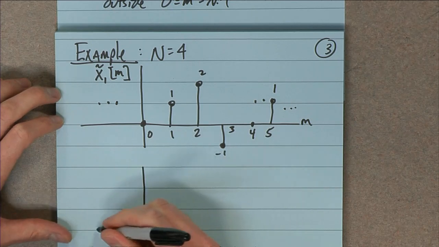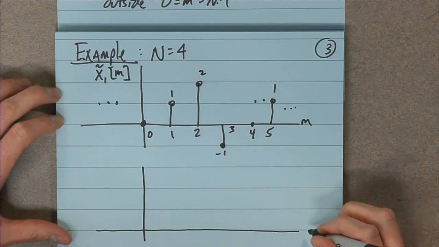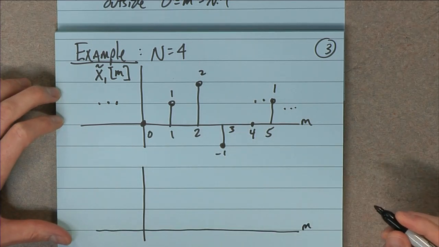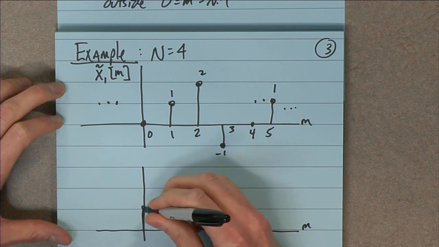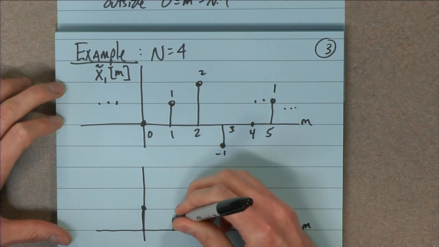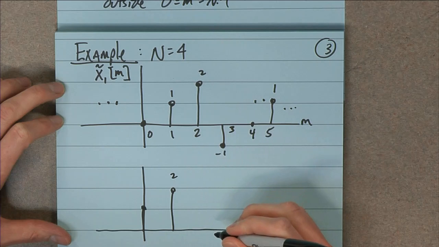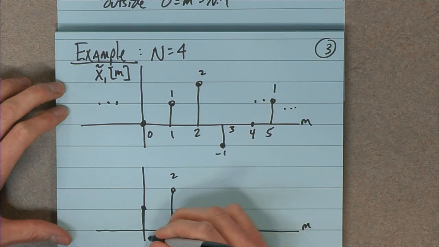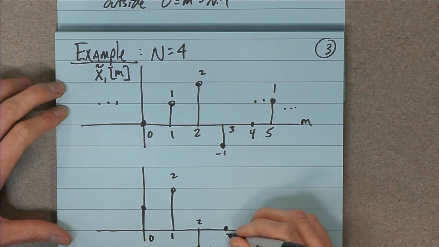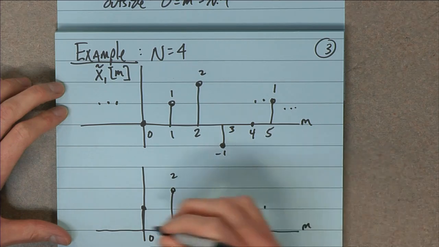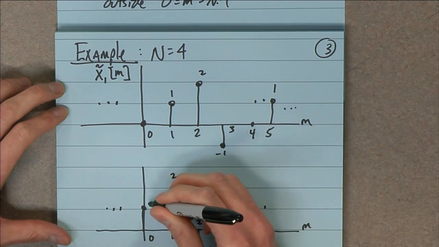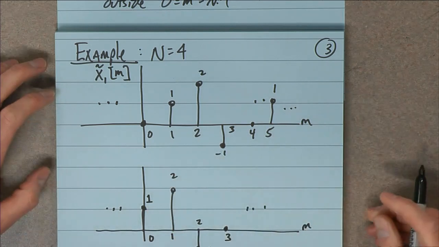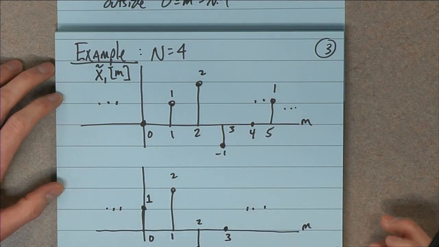Let's take a look at the second one. That'll be 1, 2, minus 1, 0, repeating: 1, 2, minus 1, 0.